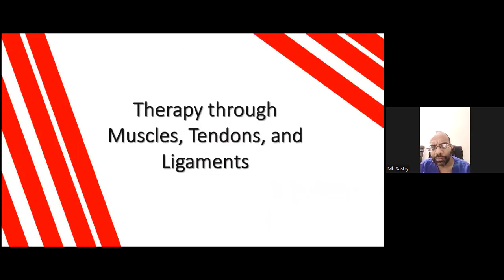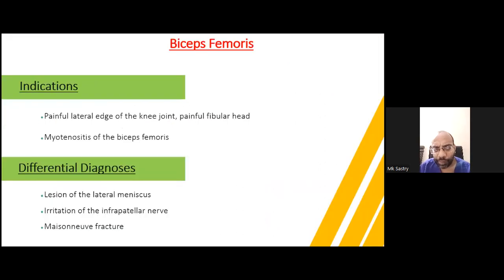Local anesthesia. Now we will go to therapy through muscles, tendons and ligaments. Biceps femoris. Please go to biceps femoris.